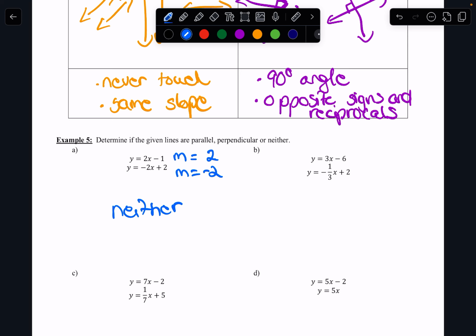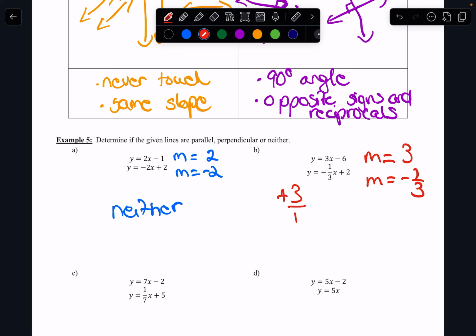For our B, for the first one, m is 3, and for the second one, m is -1/3. Now, opposite signs, yes. This one is a plus and that one is a negative. And now, the top one here, we can write any number as over 1, right?